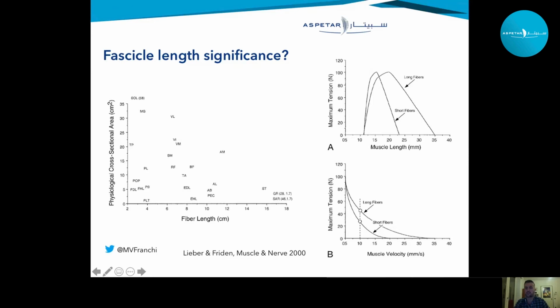The maximum tension will be similar, but the properties of the muscle excursion will be different. And here you will see that the velocity of shortening, as theoretically expected, is increased in fibers with longer fascicle length. So to summarize up to here, muscle architecture in theory can really influence the properties of skeletal muscle: physiological cross-sectional area is related to maximal force production, and fascicle length to the velocity of shortening of a muscle.